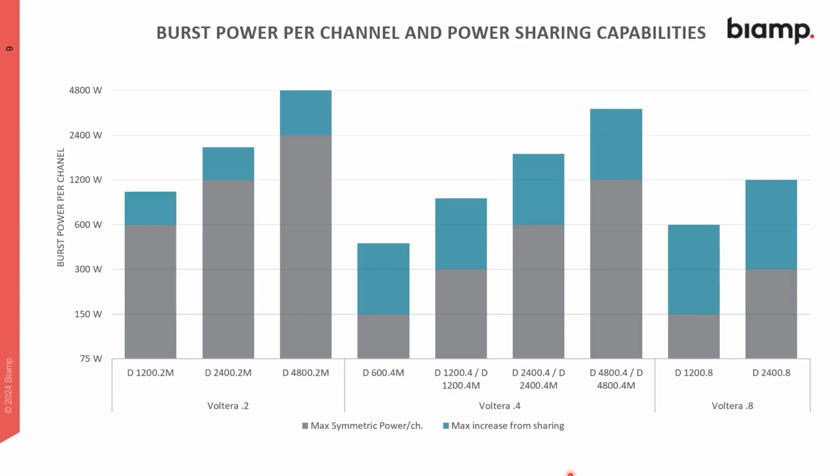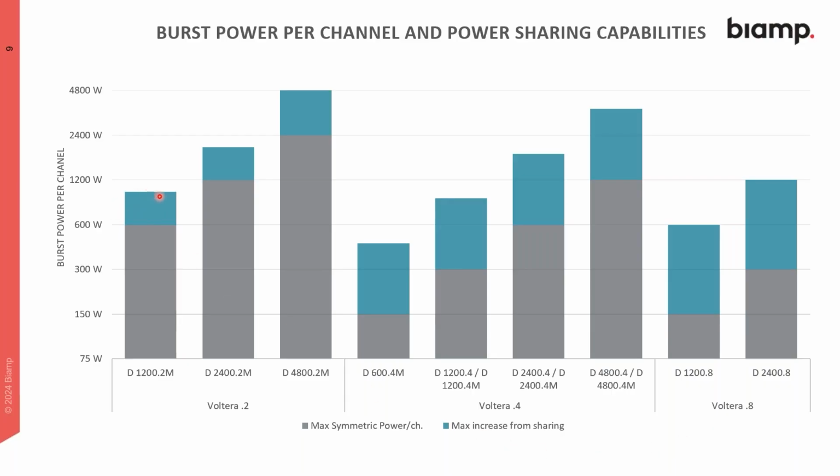Another way to look at this is, the gray bar within this graph is showing our out of the box symmetrical power per channel for the various models. Looking at, from the left-hand side, the 2-channel models, the 3 of those. In the middle, we've got the 4-channel models, and to the right, we have our 2 8-channel models.